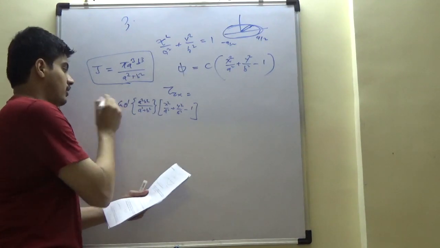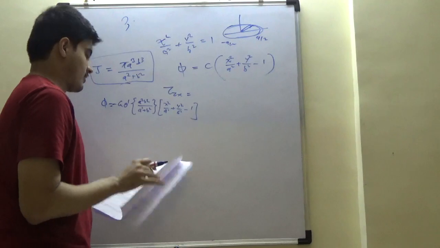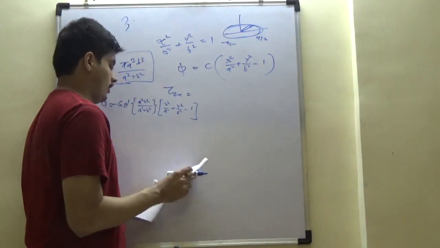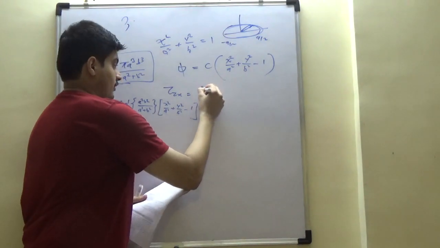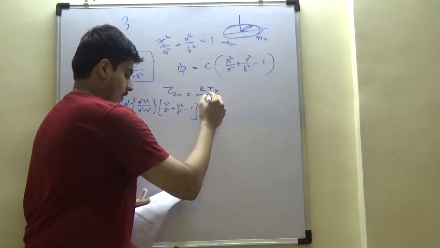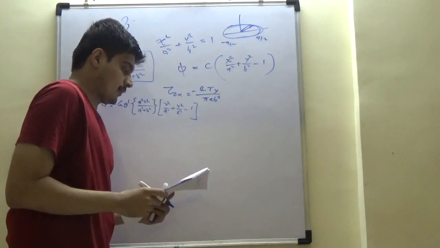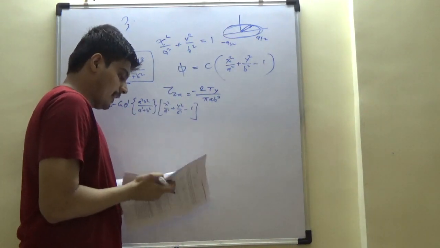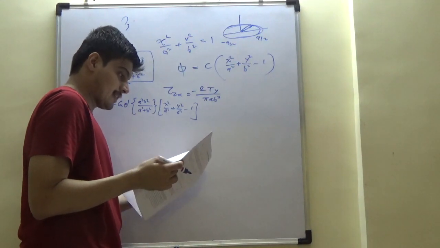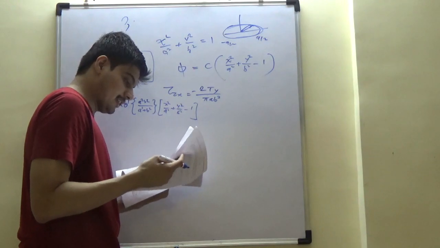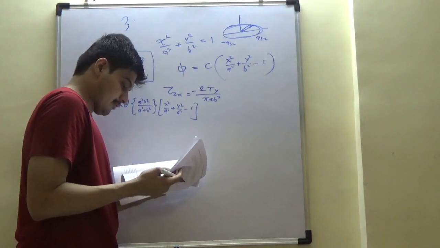If this is the function, then tau zx, which is going to be the differentiation del phi by del y, right, is going to be 2ty upon pi a b cube, right? Why is this suddenly the outcome? Simply because what we are saying is we have been substituting these numbers, correct?